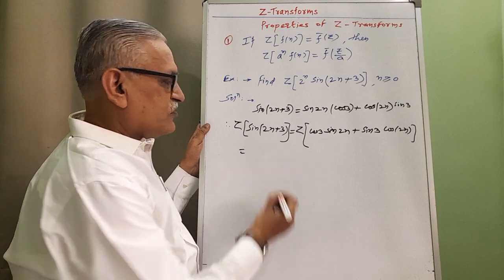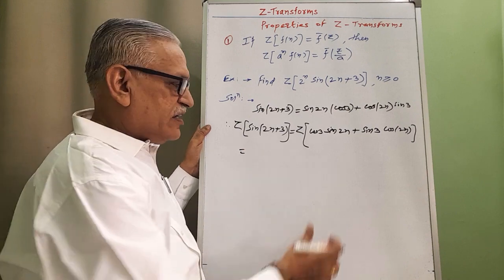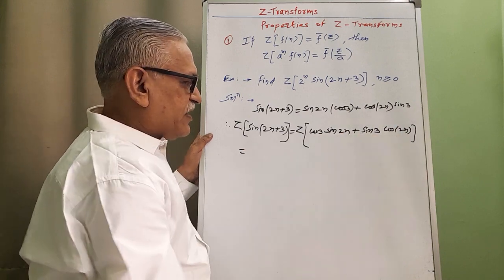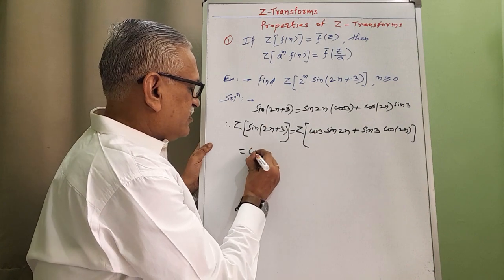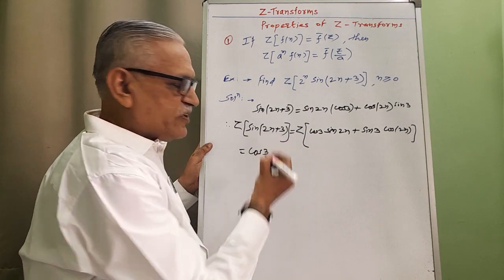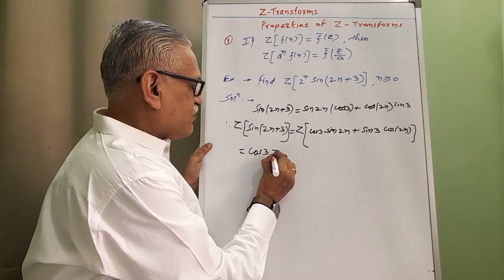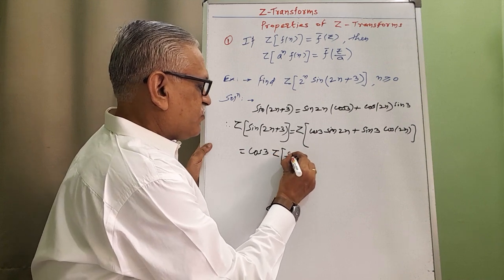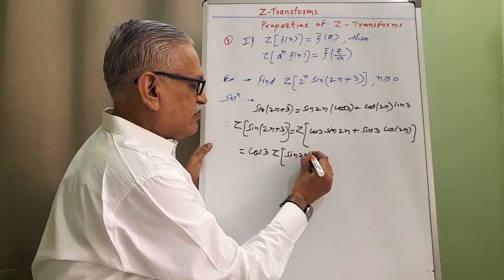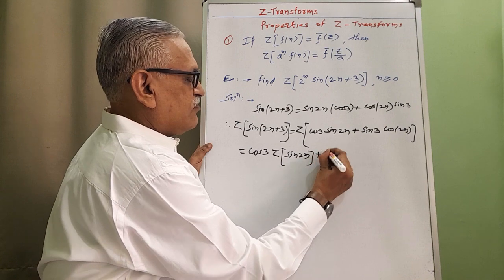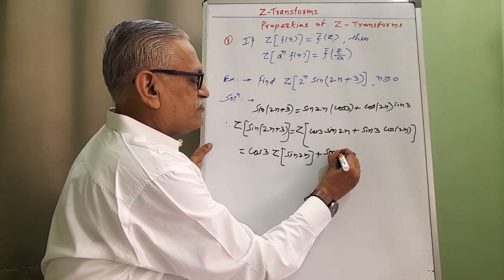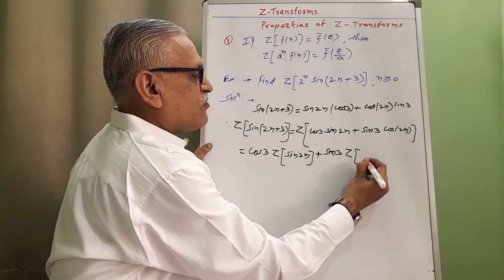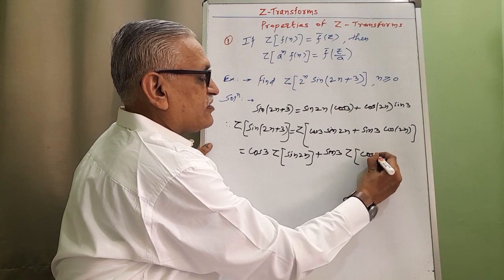It is equals to constant term we take outside and taking Z transform of the remaining term. Therefore, cos 3 constant term we take outside, Z transform of sine of 2n plus sine 3 constant term and Z transform of cos of 2n.